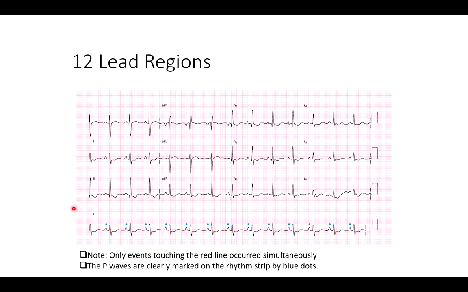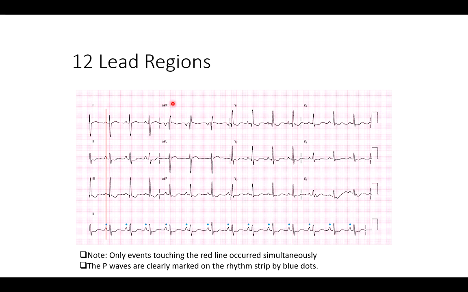Now, let's ignore everything below this imaginary line here. This would be a continuous lead, and in this case it's lead 2. You'll also notice that lead 2 is here, but it's not continuous in that it stops after 3 seconds. So in this first 3-second time frame, we're looking at leads 1, 2, and 3.